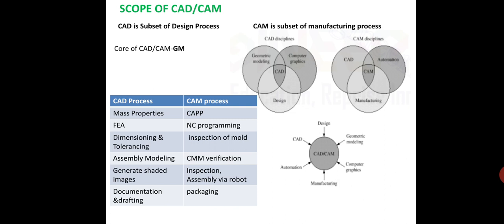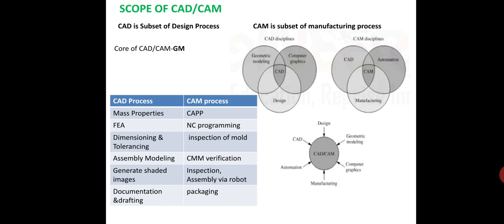Activities under the CAM process include computer aided process planning, that is CAPP, numerical control, that is NC, NC programming, design of injection mold, coordinate measuring machine CMM verification, inspection, assembly via robots, and packaging. All these tasks come under computer aided manufacturing.